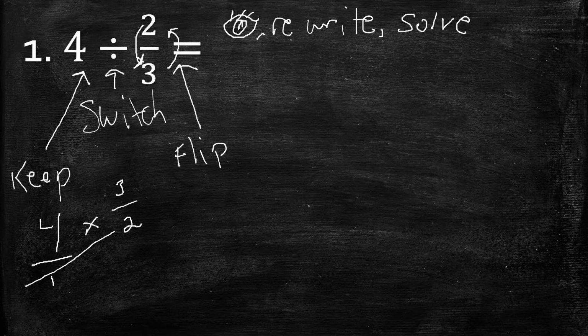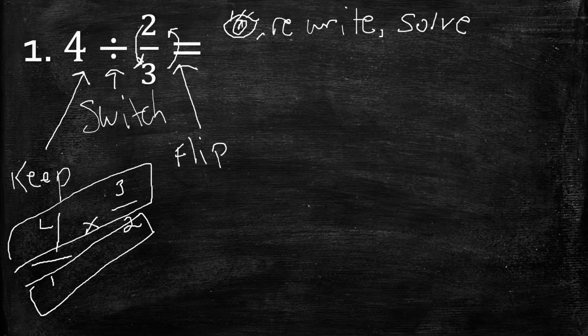So multiplying across, even though we're a little crooked, it's okay. We're going to multiply across and finish our problem. Both of them are fractions, so it will stay a fraction. So I have 1 times 2, which will be 2.